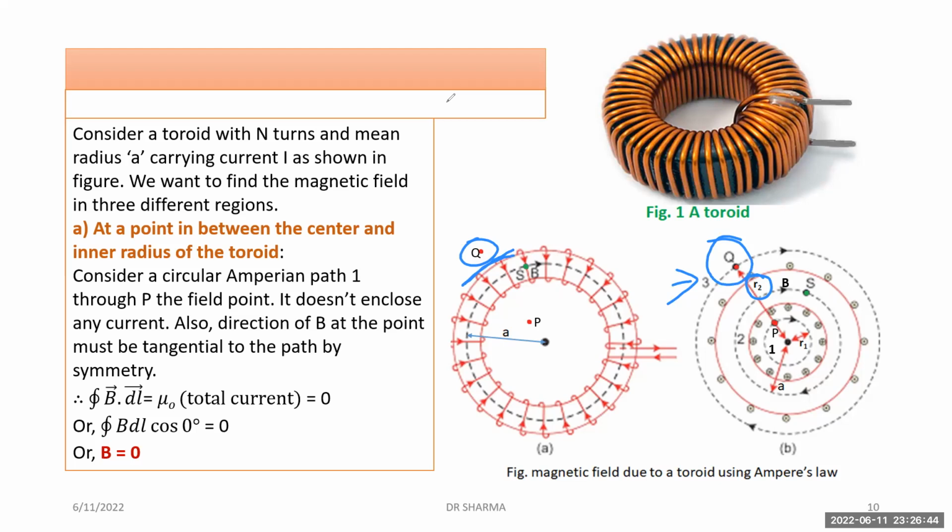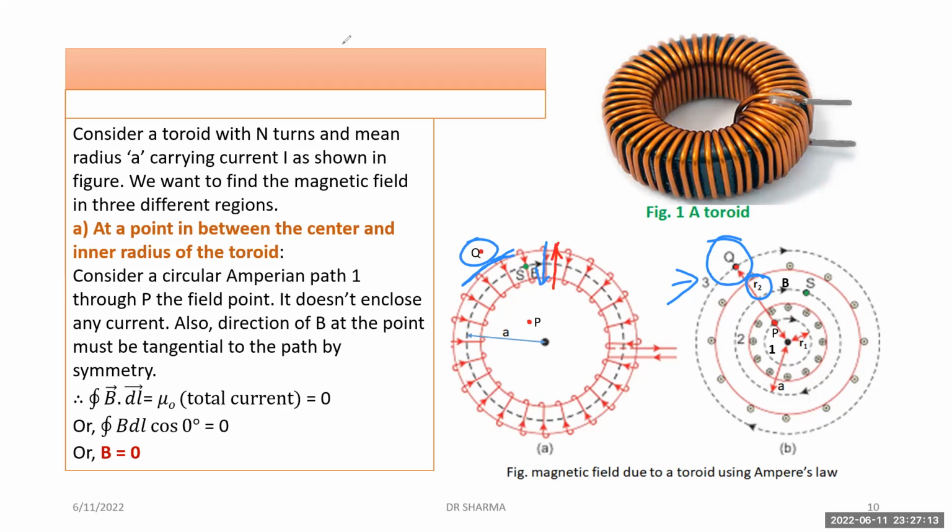In this case, the net current enclosed by circle 3 would again be 0, because the current in the front face is in the downward direction, but in the back face it would be in the upward direction.